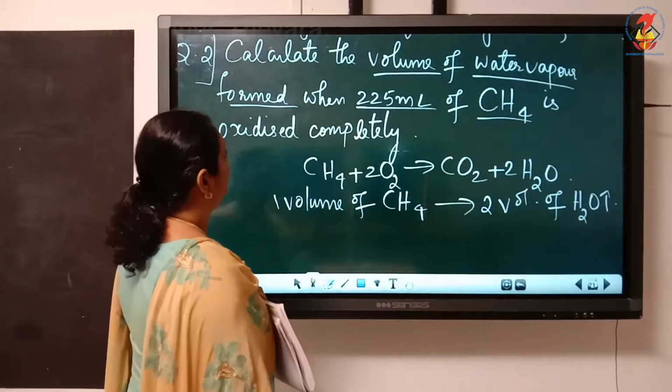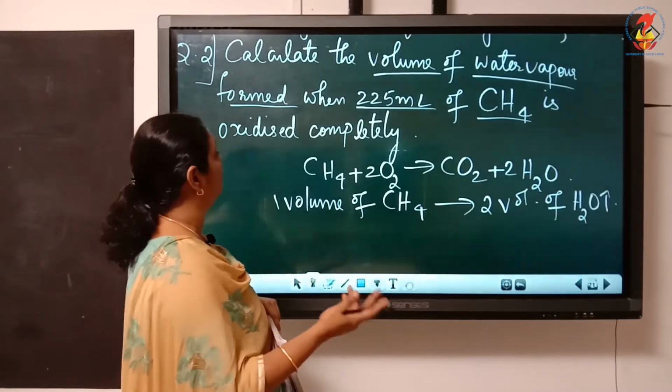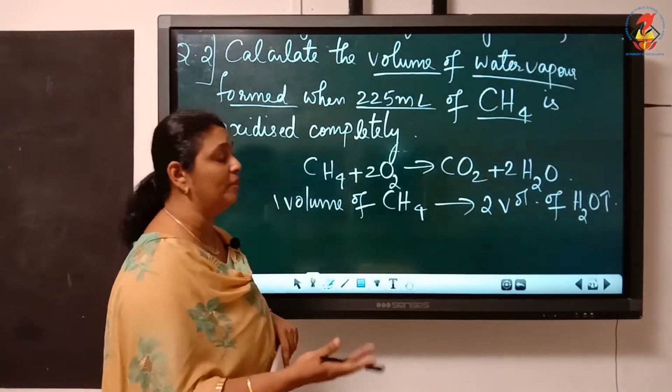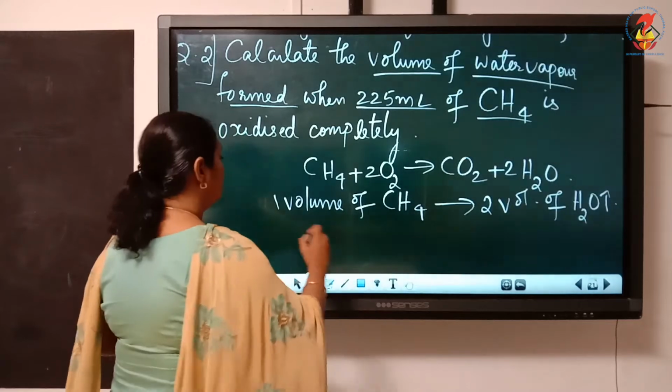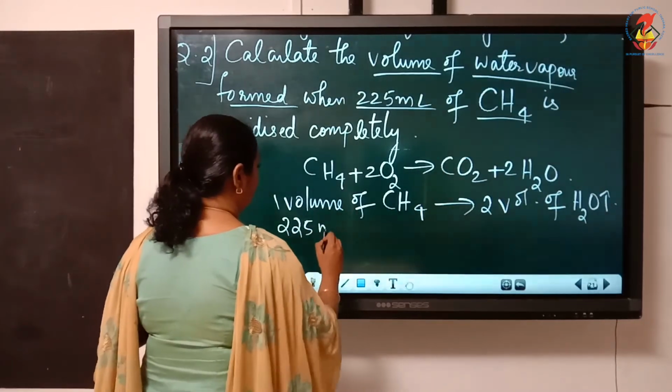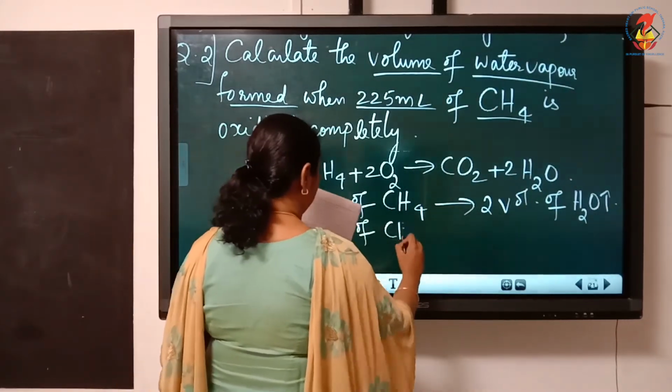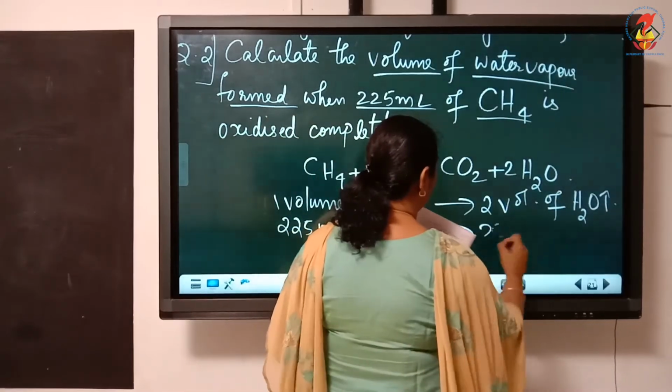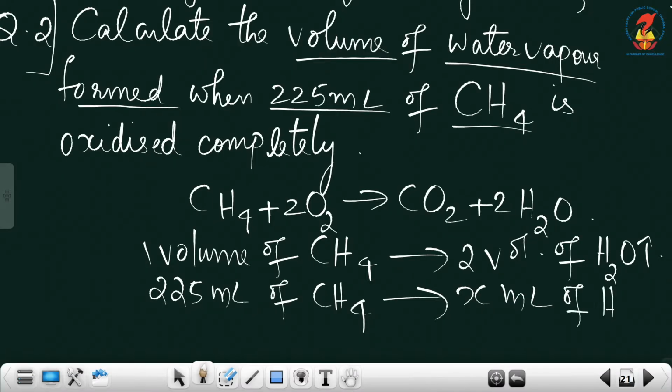Now, when 225 ml of methane is oxidized completely, what volume of water vapor is produced? 225 ml of methane will give X ml of water vapor.